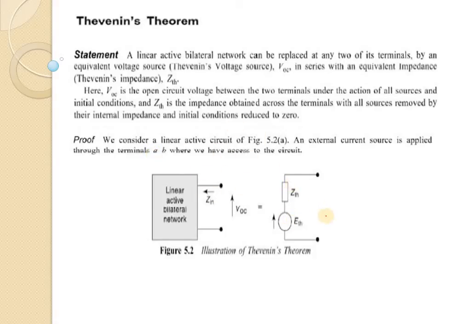That means we have to convert any network to a simple network which will consist of Thevenin's voltage in series with an equivalent impedance, which is known as Thevenin's impedance ZTH. Here, VOC is the open circuit voltage between two terminals under the action of all sources and initial conditions.